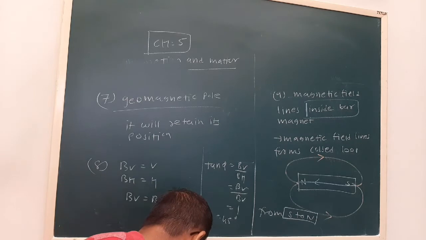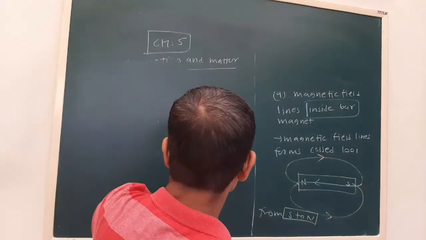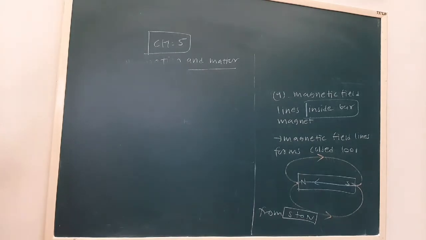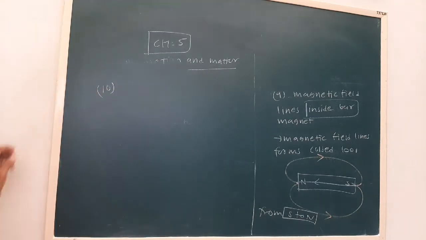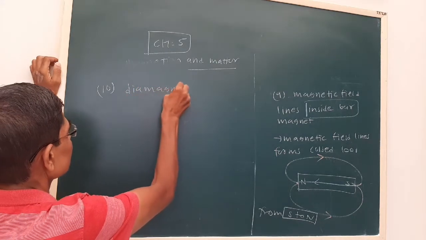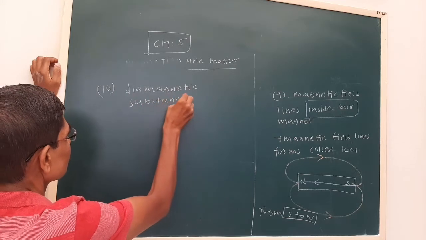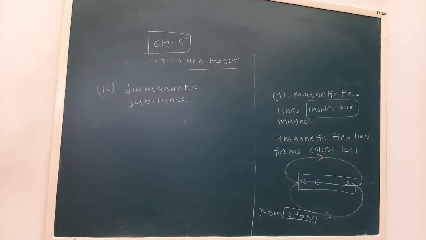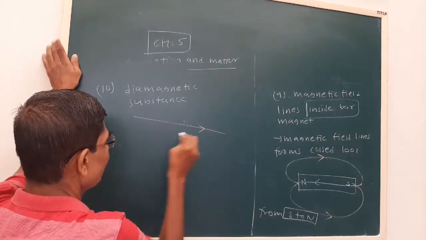Now see our next MCQ, that is MCQ number 10. Now see a diamagnetic substance is allowed to move in, or is placed in, a non-uniform magnetic field.